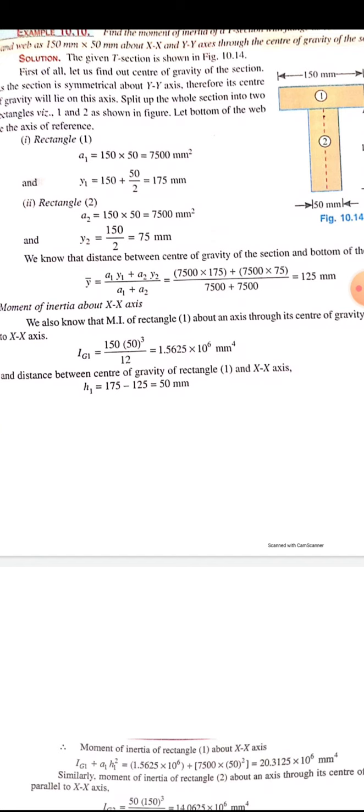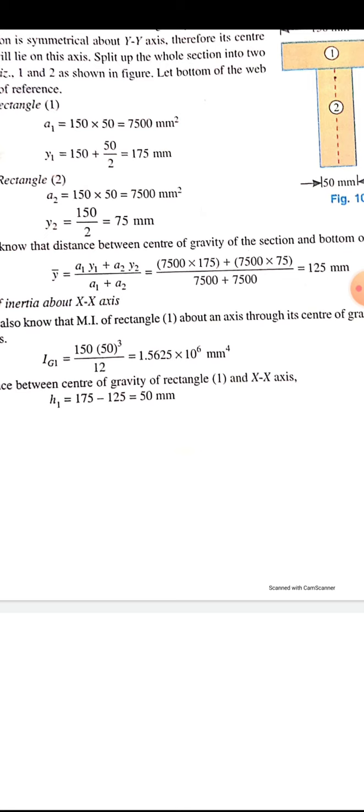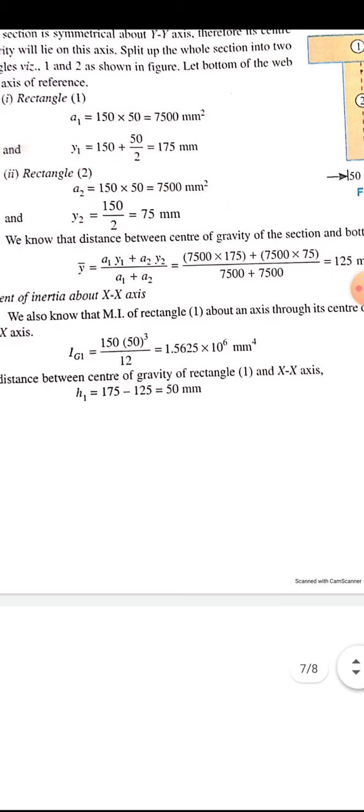Just calculate, 1.5625 into 10 to the power 6 mm to the power 4. Just mind it, the unit we have discussed previously, a short question, mm to the power 4, unit of moment of inertia.